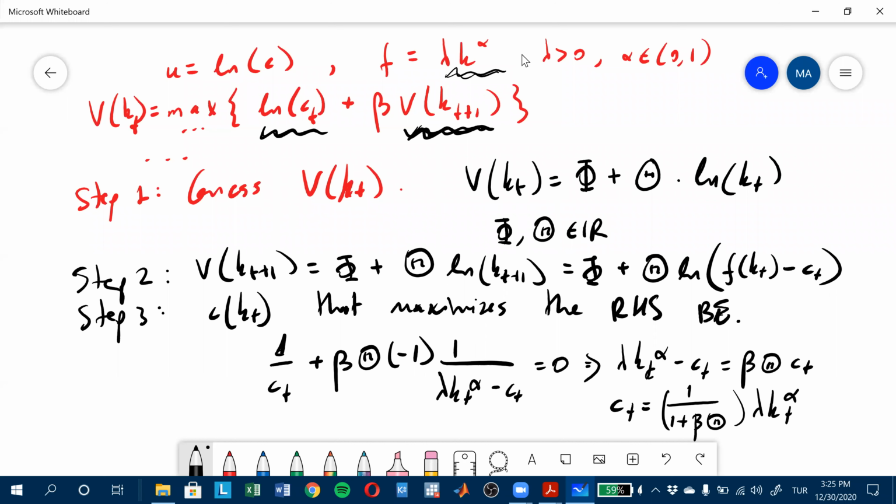Now, is that correct? I don't know, because I don't know theta. I don't know this parameter. So I cannot really tell whether this is correct or not.